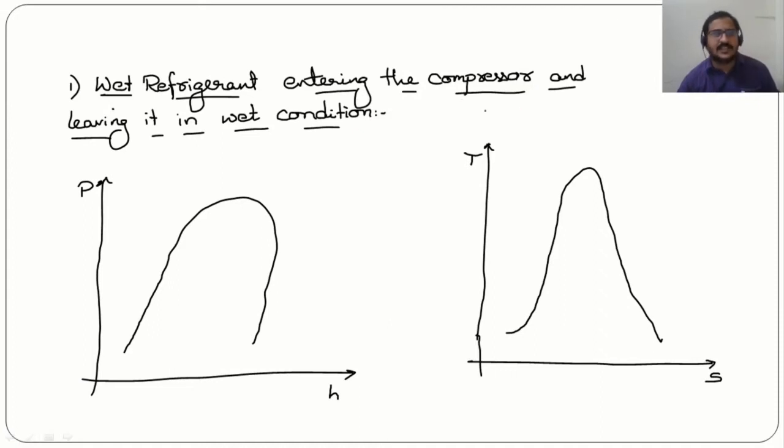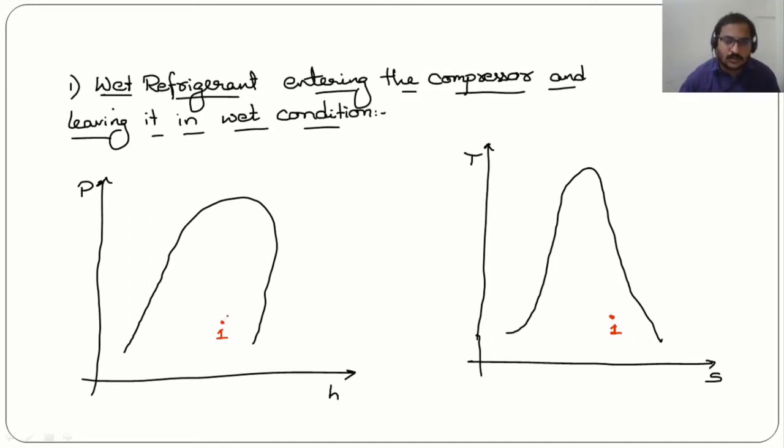Now wet refrigerant is entering the compressor and leaving in wet condition. See, when wet refrigerant is entering into the compressor, it will be entering at lower pressure and lower temperature. So let us say point 1 is within this vapor dome and at lower pressure. Here we need to consider condition 1 at this particular point.